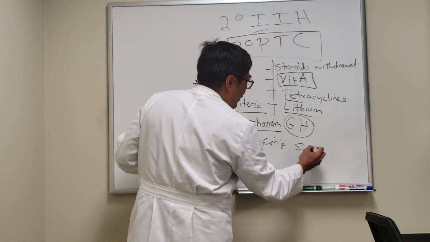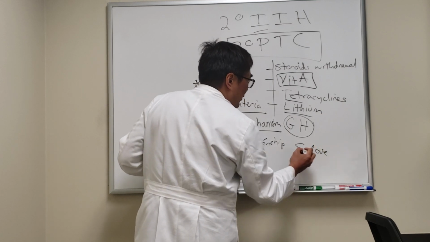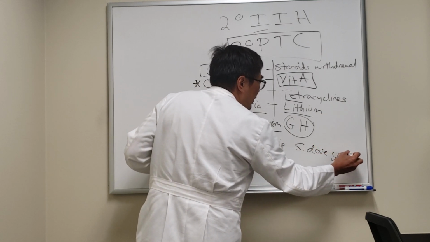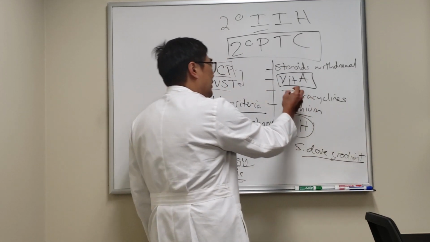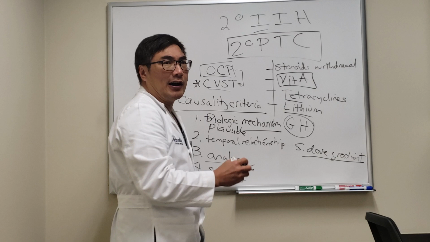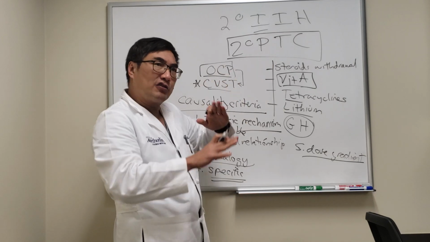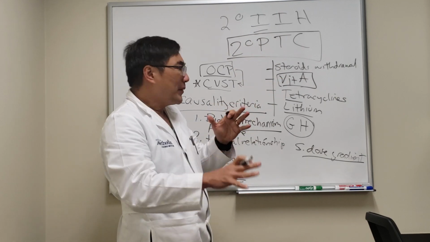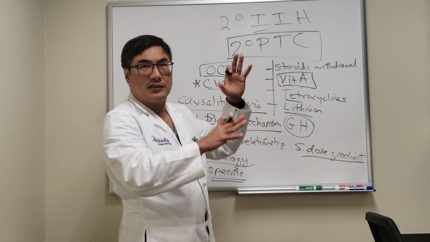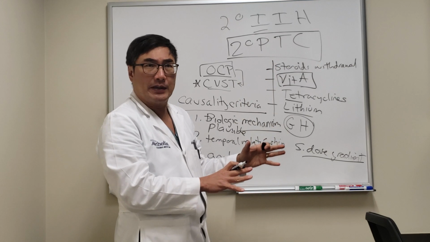You've got dose effect. So the dose gradient in the IIH cases, there's not good dose gradients. So for the tetracyclines and the vitamin A analogs, there's not really a dose response curve where the more you take, the more likely you are to get it. So like ethambutol, if you're on 25 mg per kg, your chance of getting toxicity is a lot higher than 15 mg per kg.